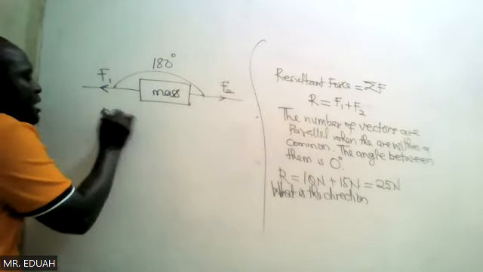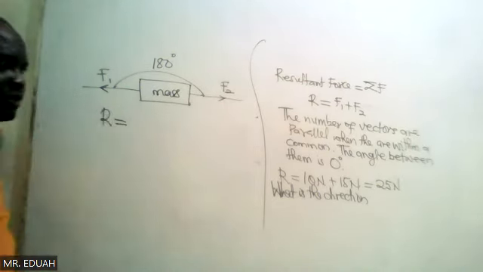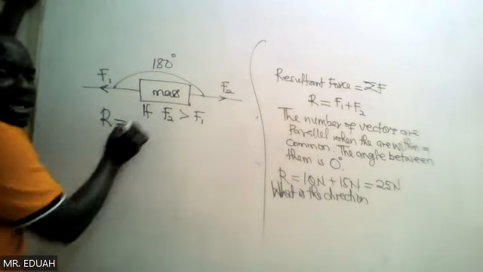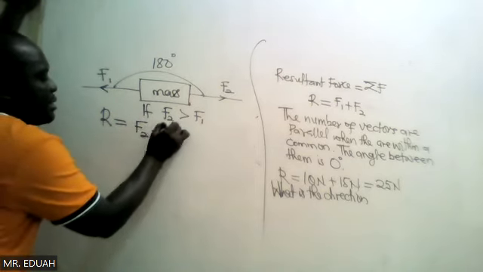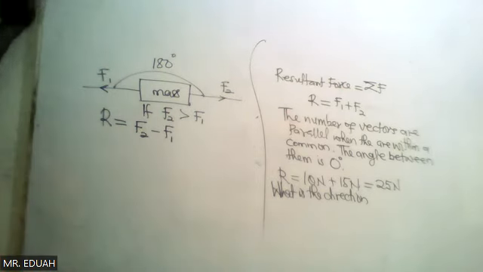How do we obtain the resultant force? By subtracting. So it depends. The resultant force will be the difference between the forces. So if F2 is greater than F1, then the resultant will be F2 minus F1.